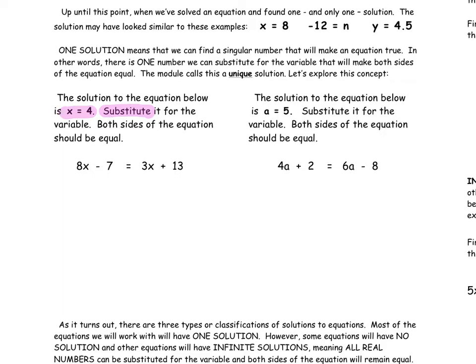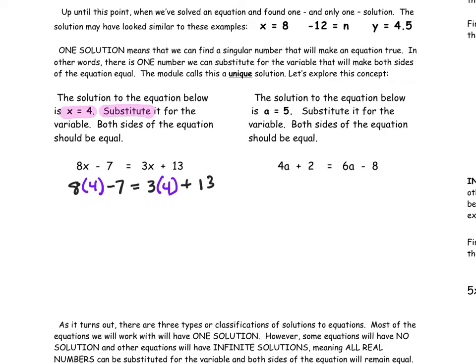So let's start this. We're going to start with 8, and where I see an x, I'm going to write 4. So 8 times 4, and then minus 7 equals 3 times, again I want to replace the x with 4, and then I add 13 to it. So it's the same equation, we just don't have a variable any longer because we believe that the solution is x equals 4.